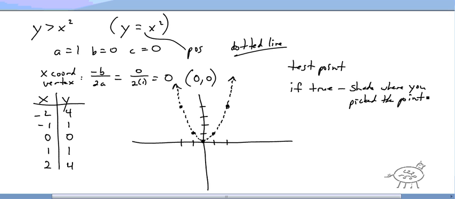If it's false, if it doesn't work out, like if it says 5 is less than 3 and it's false, then you shade where you didn't pick the point, either on the inside or the outside, depending on where you originally picked the point.